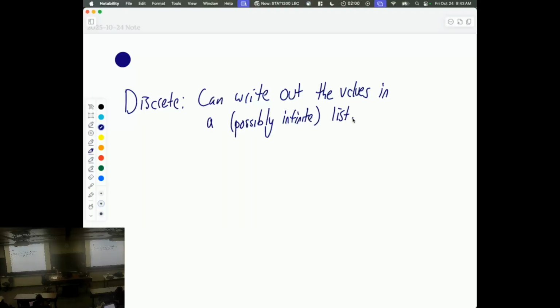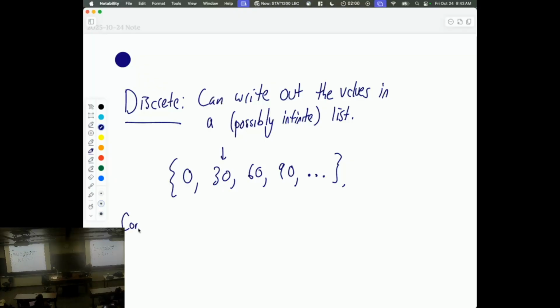What are the values Eevee can take? 0, 30, 60, 90, and then the infamous dot dot dot. So that is why it's discrete. You can list them out. It's either 0 or 30 or 60. It's these predefined things, and it kind of jumps from one to the other. Discrete is this idea of sort of an indivisible piece, right? The 30 is either 30 or it's not 30.